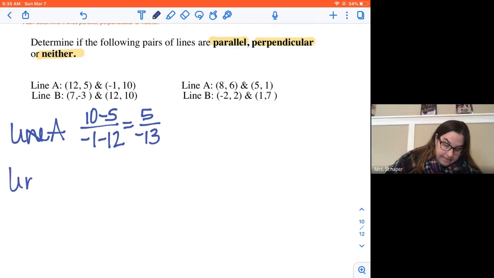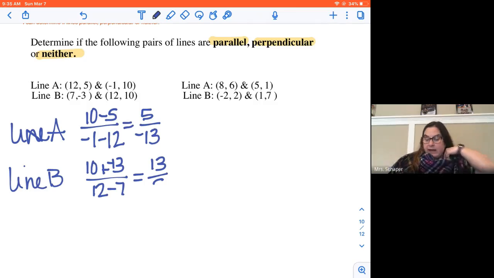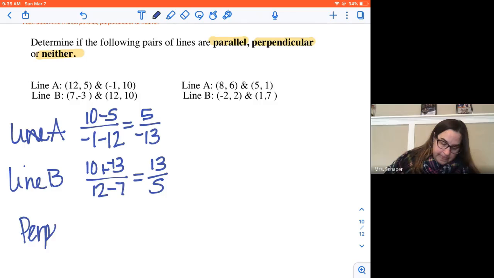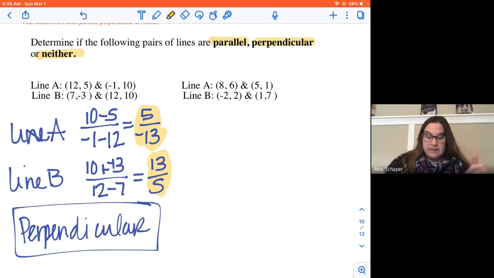Line B is 10 minus -3 over 12 minus 7, which adds up to 13 over 5. Goodness gracious, we have another perpendicular one. These lines are perpendicular because they are opposite. One's positive, one's negative, and they are reciprocals.